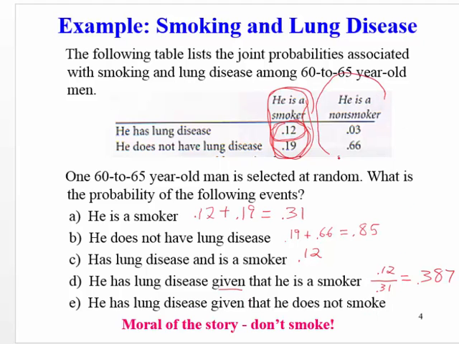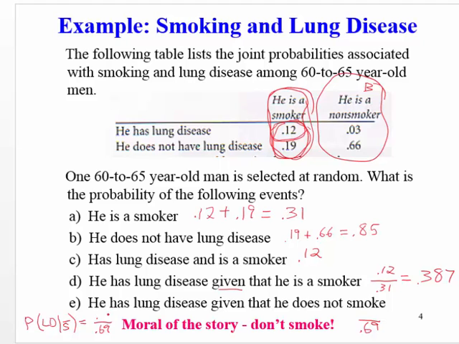Okay, has lung disease given that he's not a smoker. Now we're in this reduced space. This is our B, right? That's our reduced sample space. So given that he's not a smoker, well, we have 0.69 or 69 out of 100 for the denominator. And actually, I'll just write it over here. Probability that he has lung disease, given that he's not a smoker, is equal to 0.69.